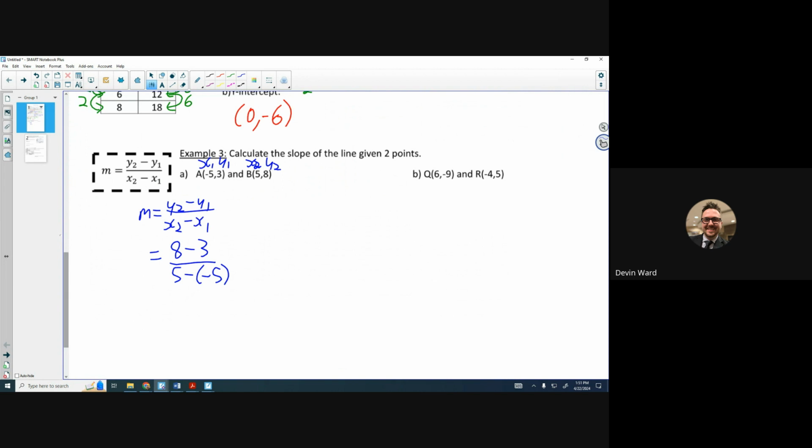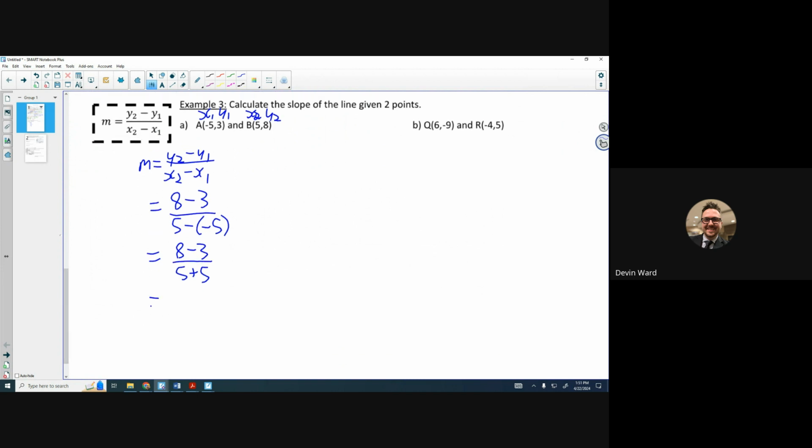I need to ensure that I have -5. I'm subtracting that, because two negatives make a positive. So 5 plus 5 on the bottom. Okay, so 8 minus 3 is 5. 5 plus 5 is 10. So my slope is going to be 1/2.